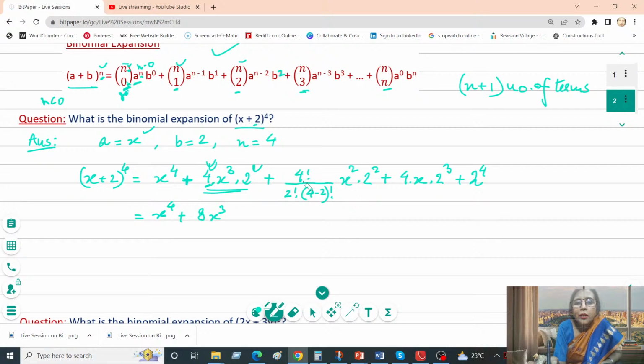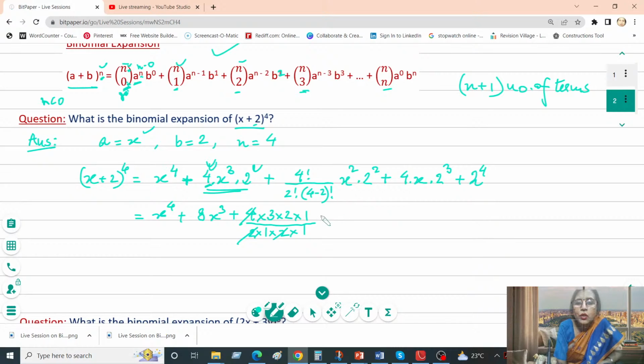What about this? 4 factorial, let us do this. 4 factorial is 4 times 3 times 2 times 1. 2 factorial is 2 times 1. Again 4 minus 2 is 2 factorial, so it is 2 times 1. So I can just cancel this.